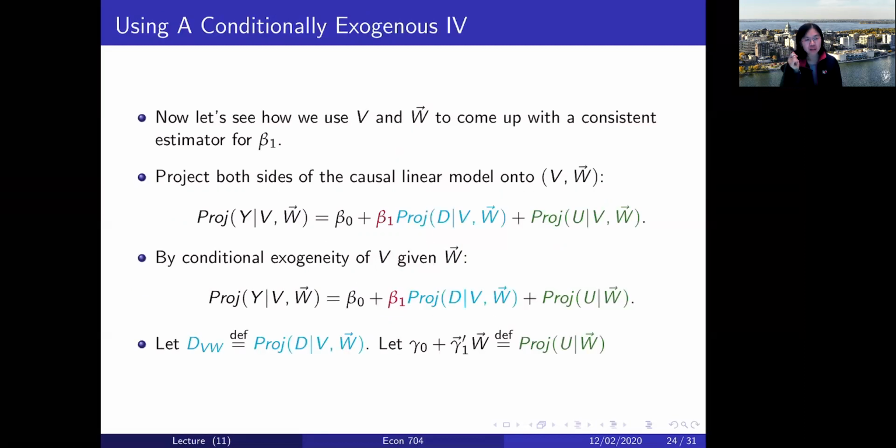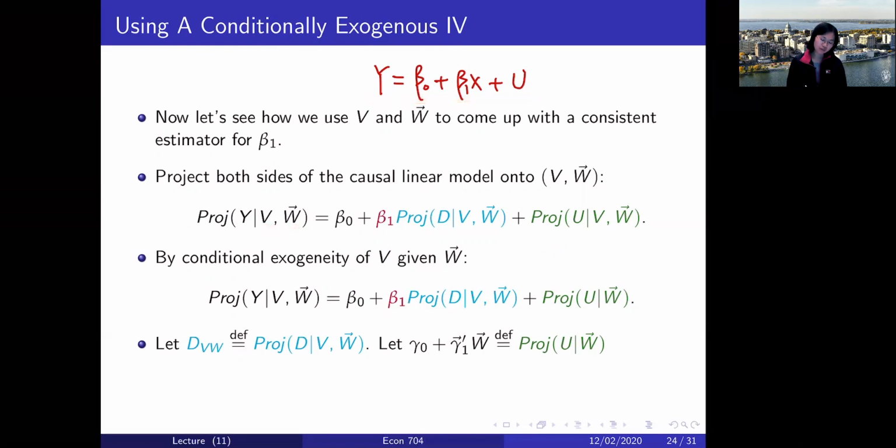Let's see how we can use V and W to come up with a consistent estimator for beta 1. To motivate the estimator, we're going to project both sides of the causal equation, remember that is Y equals beta 0 plus beta 1 X plus U, on V and W. The way we use control variables is to add them to the projection.